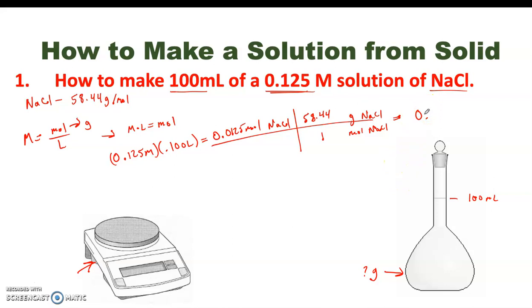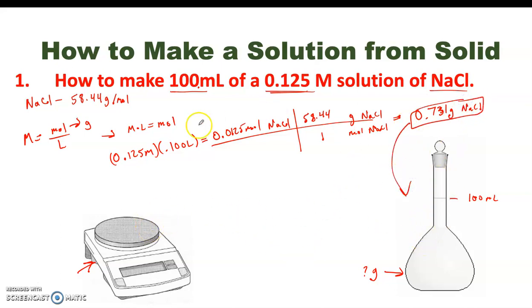Let's say that this is a decimal there to make that 3 sig figs. That's 0.731 grams. That's a 3, by the way. There we go. 0.731 grams of NaCl. So that's how many grams I need to put into here.